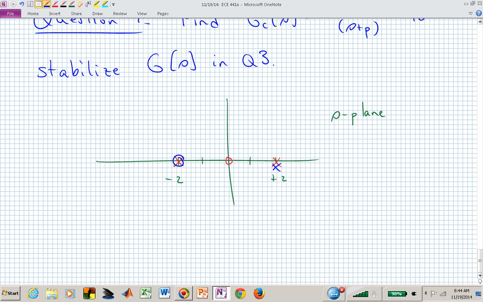I have 3 poles and 2 zeros, don't I? So I have a pole zero excess of 1. How many asymptotes does that mean I have? What part of the real axis belongs to the root locus? And what's going to happen at those 2 poles in the right half plane?